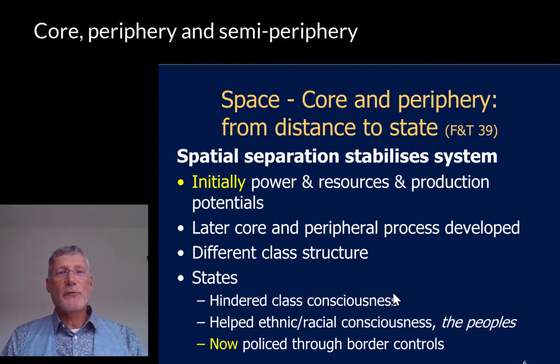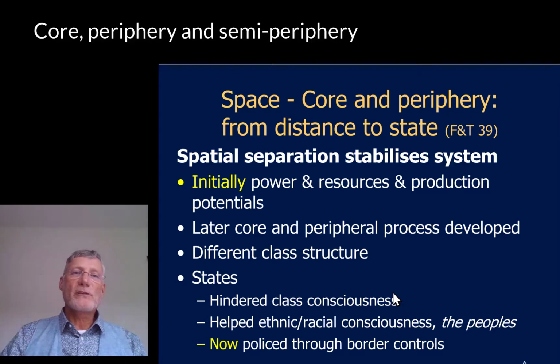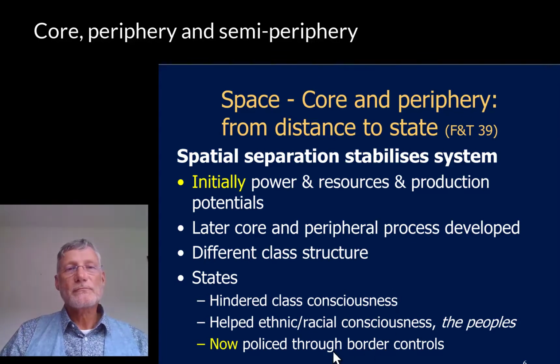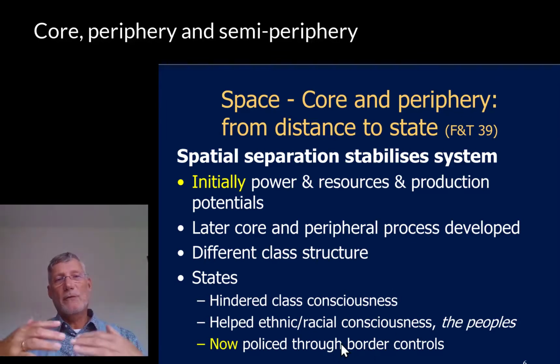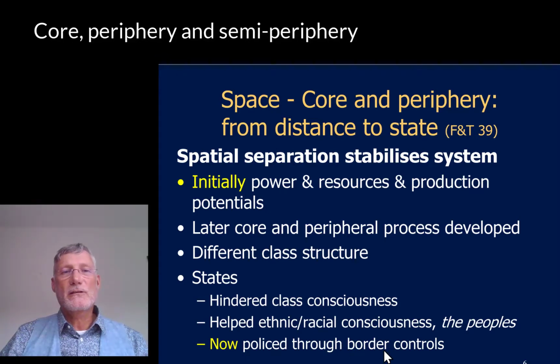It hindered the development of class consciousness, and instead it helped the development of ethnic and racially based consciousness. And those differences emerged over time, and now they're more directly policed through border controls. The migration crisis in Europe, you can look at it from this perspective.